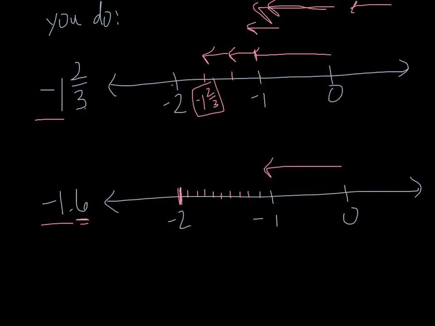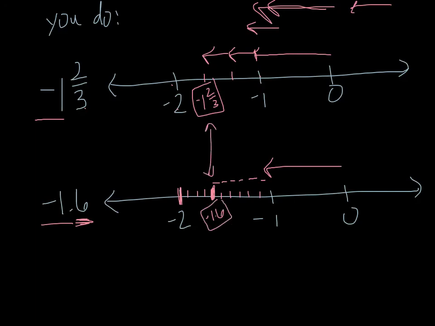The 10th one goes on there because it's the chunks I'm counting. And of those 10 pieces, I crossed over 6 of them, 6/10. So 1, 2, 3, 4, 5, 6 right here. This is -1.6. Same place.